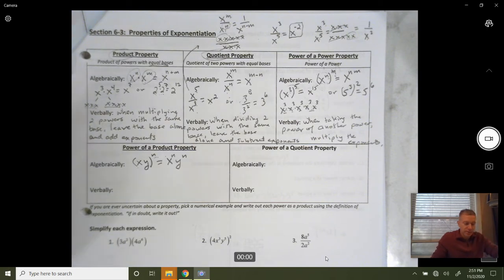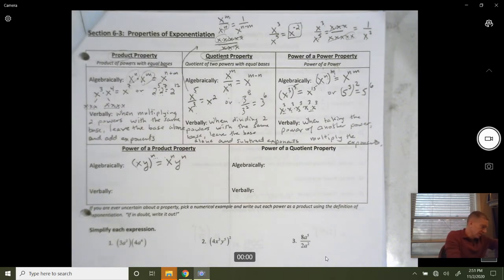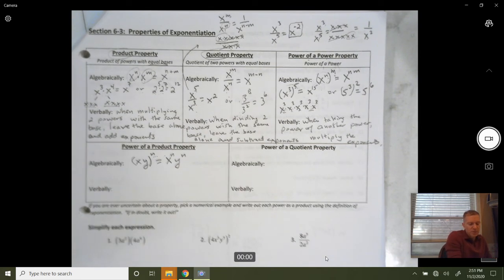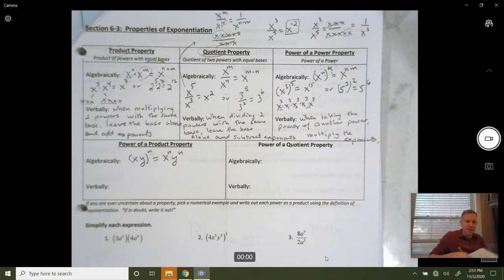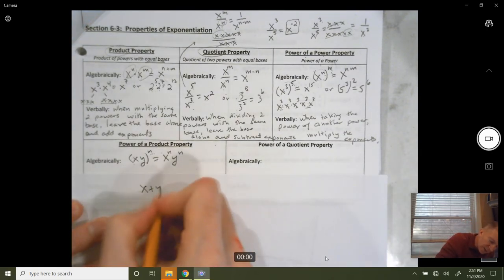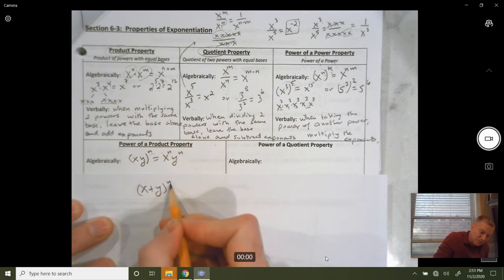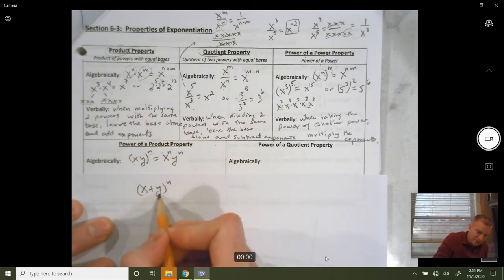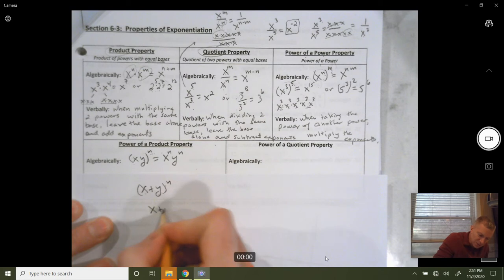Now, the reason you have to be careful there, or you have to think about this a little bit differently. We know that if the two numbers x and y were being added together, if you had x plus y raised to the n, this doesn't apply to both. For instance, the classic example is x plus y squared.